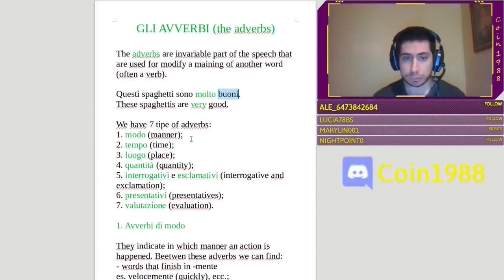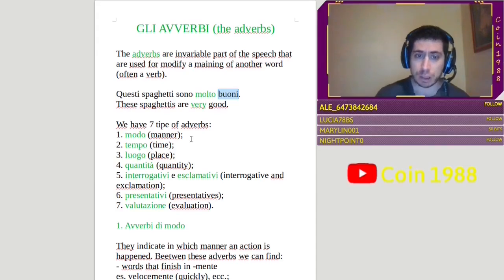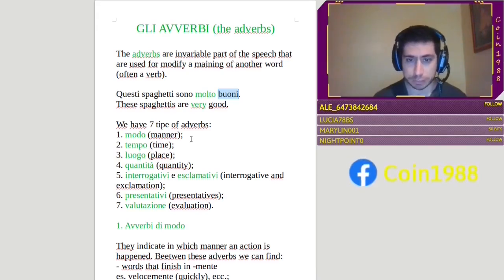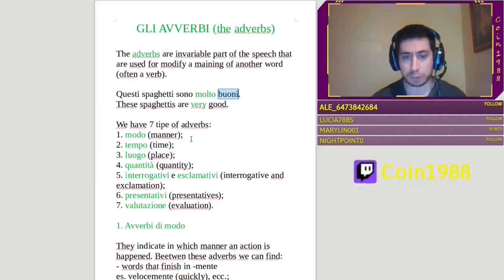We have avverbio di modo, manner; avverbio di tempo, time; avverbio di luogo, place; avverbio di quantità, quantity; like in the adjectives, we have here interrogativi and esclamativi, interrogative and exclamation; presentativi, presentatives; and avverbi di valutazione, evaluation adverbs.